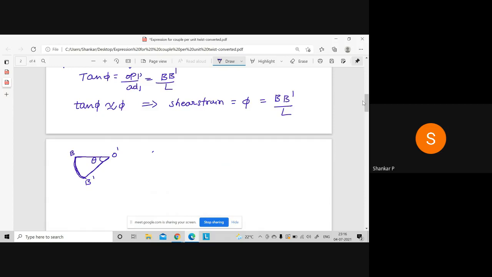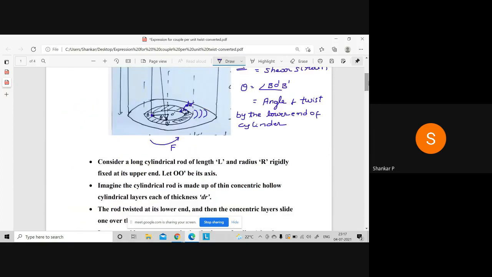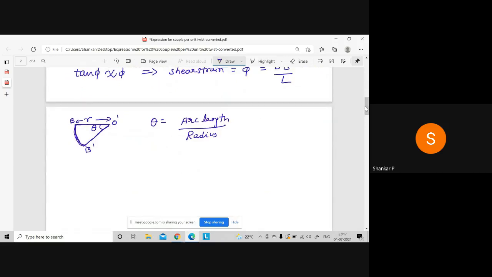From the definition of theta, theta is equal to arc length by radius. Here the radius is the radius of the concentric cylindrical layer, which is r. So theta is equal to B B dash by r, or B B dash is equal to r theta.